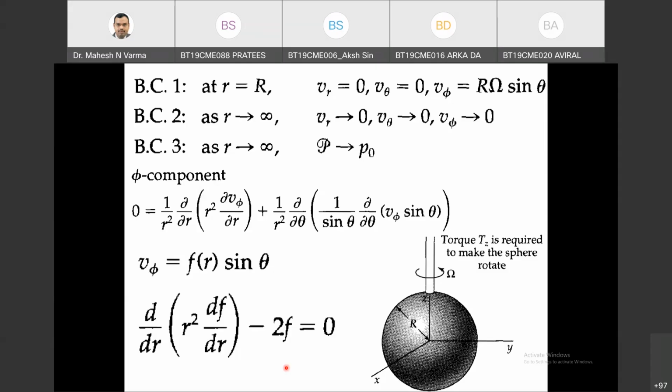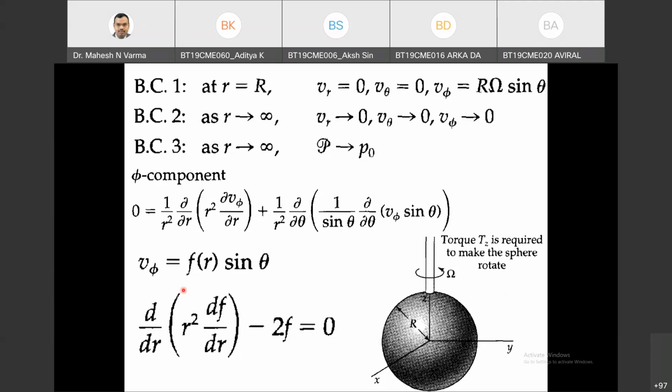Aviral. Anybody got this equation? Yes, sir. Aditya, you got it? Yes, sir.